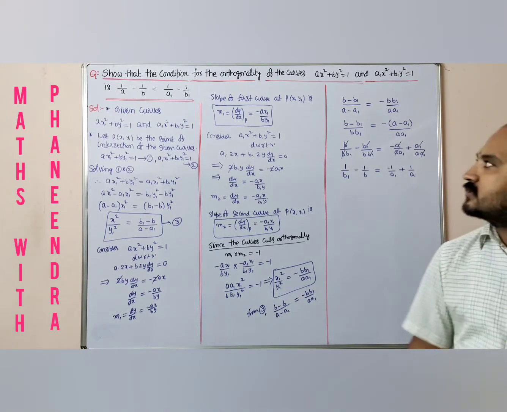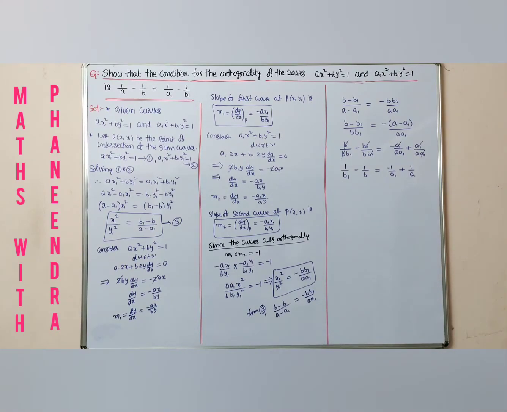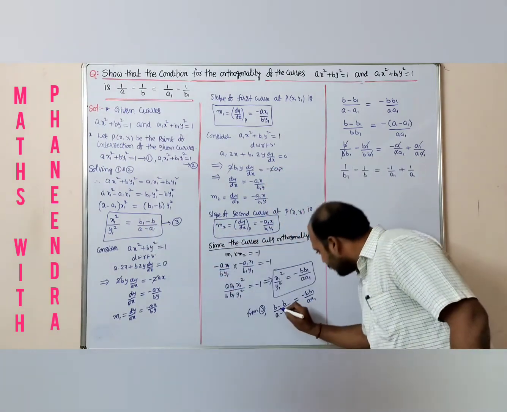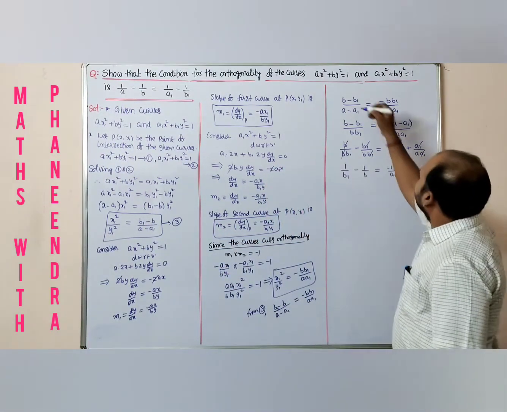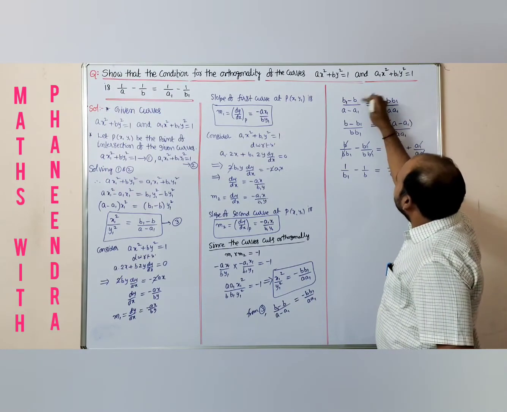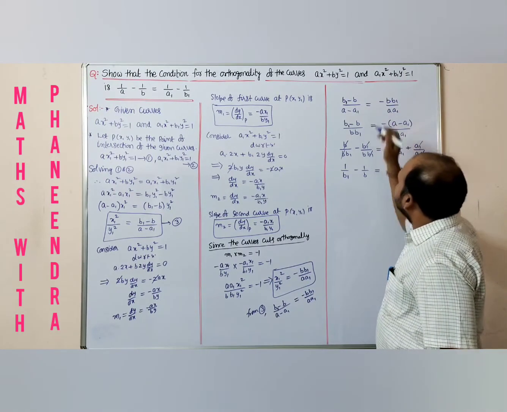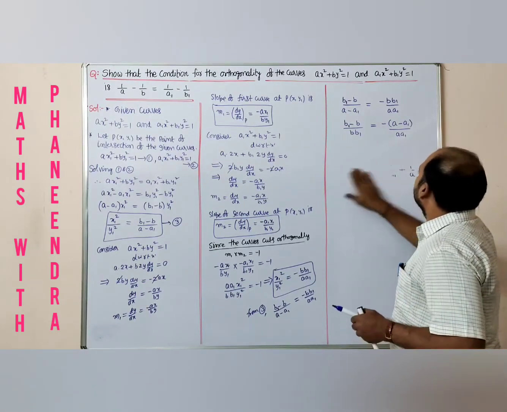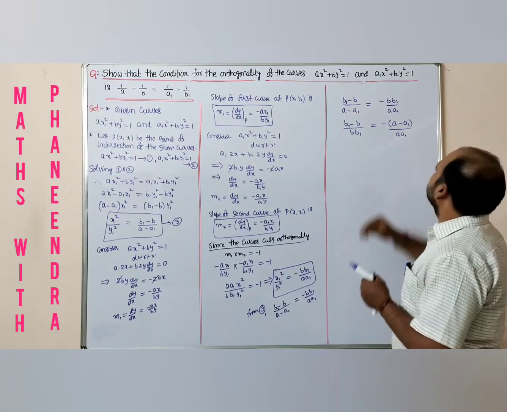One minute, dear students. Here I wrote b minus b1, but it is b1 minus b. So this one small change here. b1 minus b it is, so it will change automatically. That is why we were not getting that.